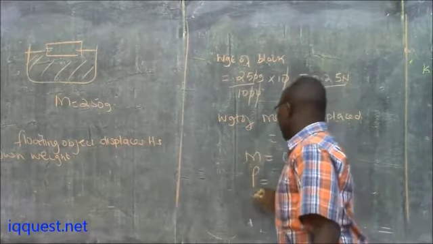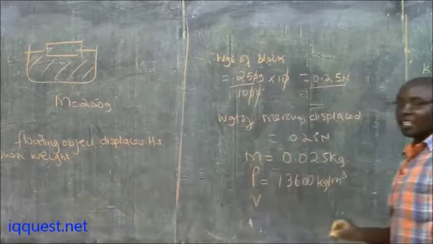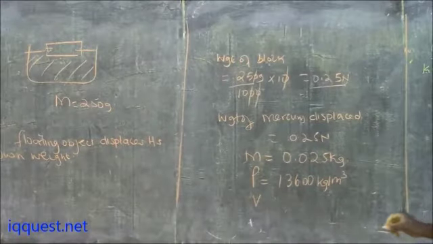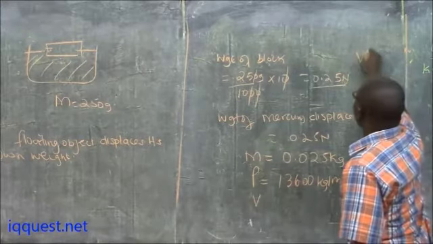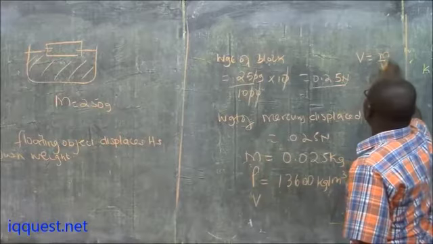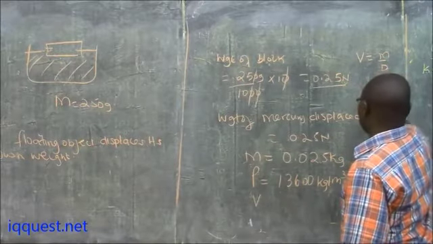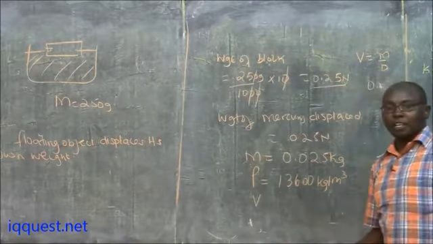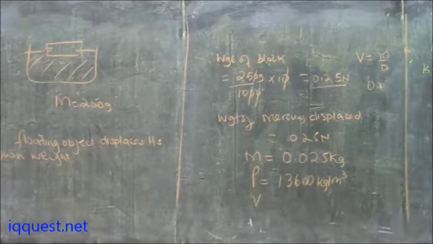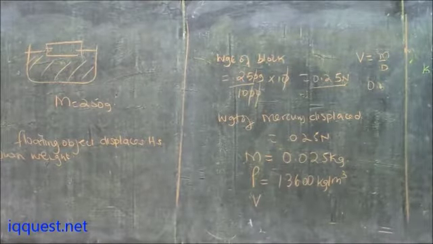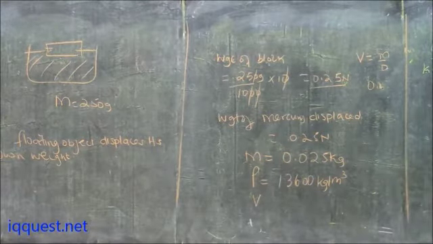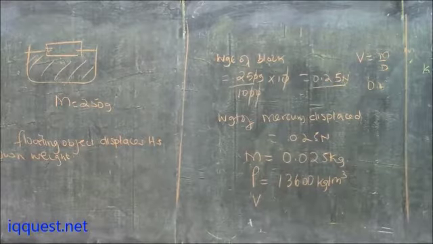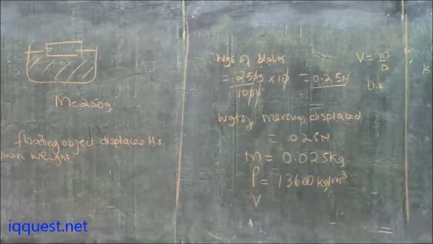What we need to know is the volume of the mercury displaced. So volume is equal to mass over density, and mass is 0.025 divided by density, 13,600.